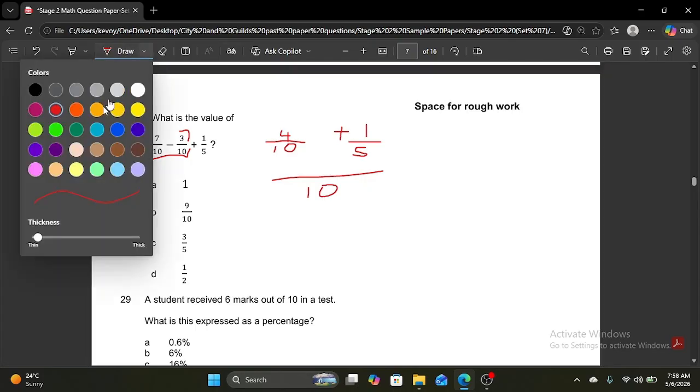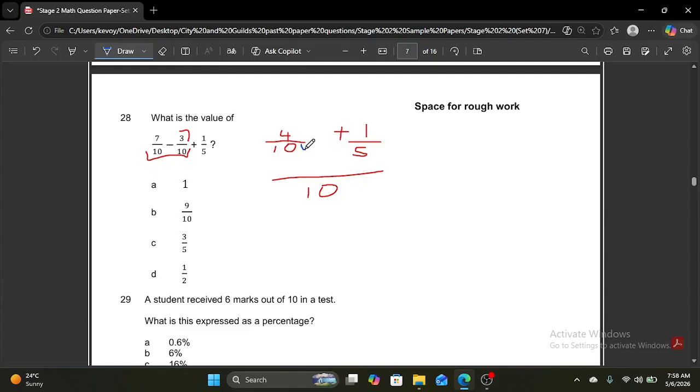Alright, let's change the color again. So what can you multiply the 10 by in order to get 10? 10 times 1 is 10. So you multiply the top by 1 as well. 1 times 4 is 4. So 4 plus 5 times 2.